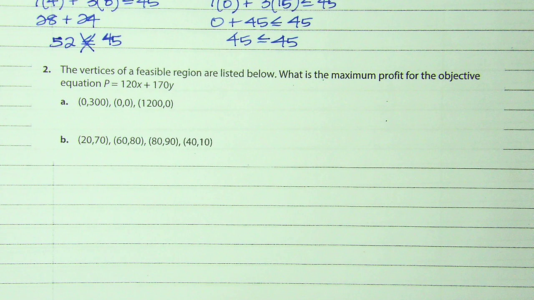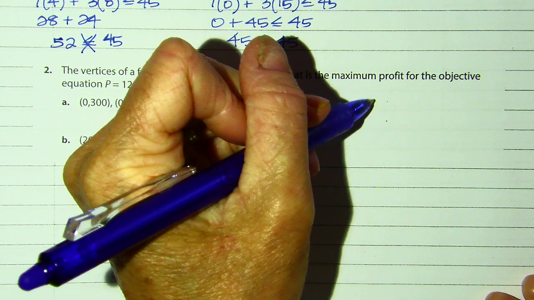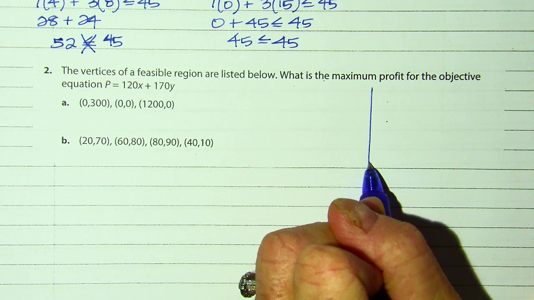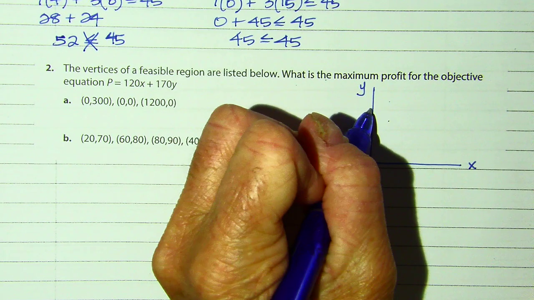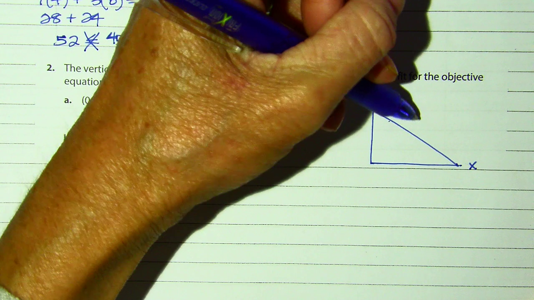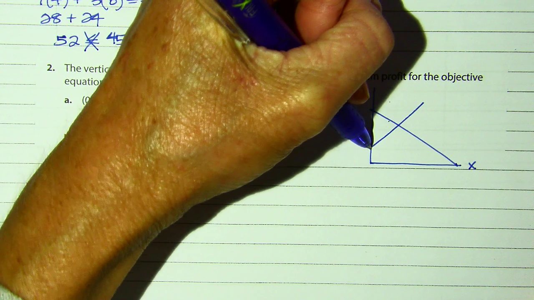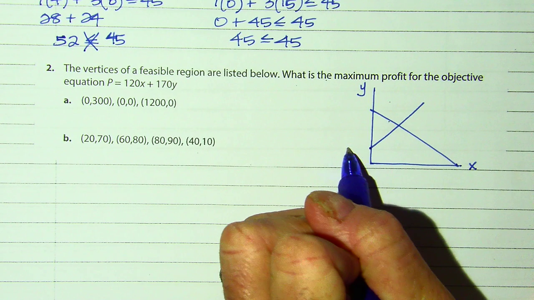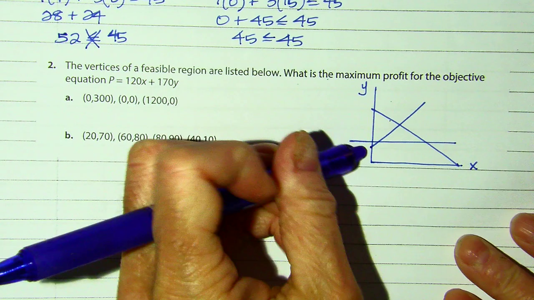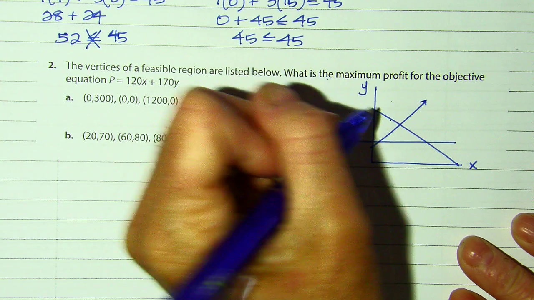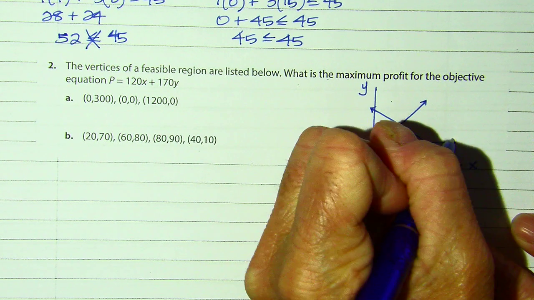So here is the vertices. Now I want to go over something. When they say vertices, so here's my x-axis, here's y. So let's say I have the following equations. And I will use arrows so we know that these lines continue.